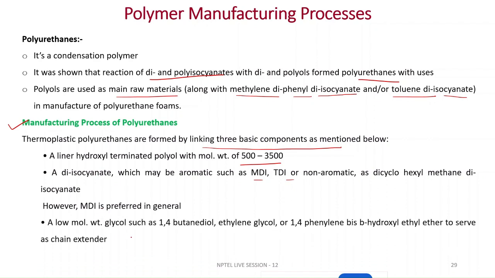And a low molecular weight glycol such as 1,4 butanediol and ethylene glycol, 1,4 phenyl bis hydroxyl ethyl ether. These serve as a chain extender. So this is how polyurethane is formed.